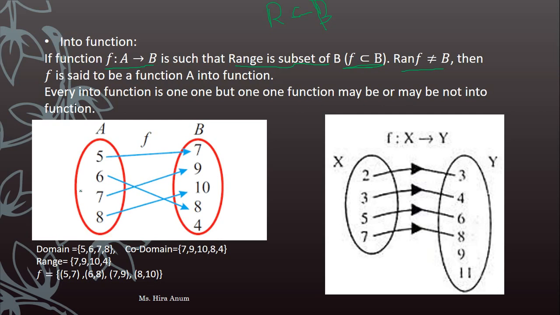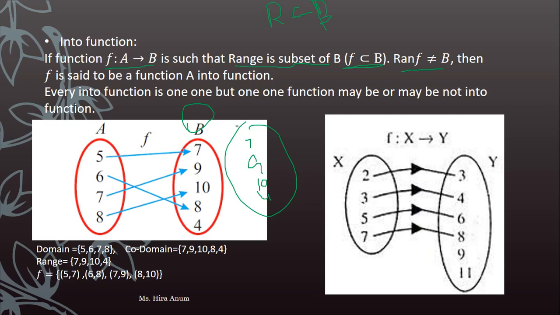You can see, when we take B, it gives 7, 6 gives 8, 8 gives 10, 7 gives 9. This is an into function because the range is a subset of B. You can see the range is 7, 9, 10, 4.